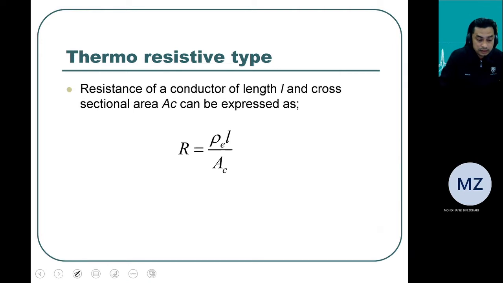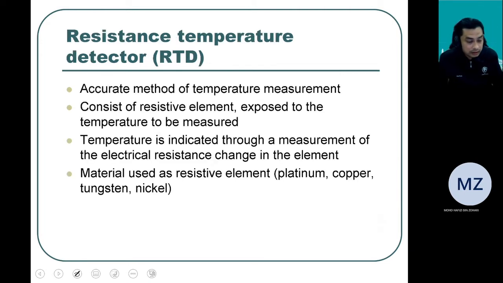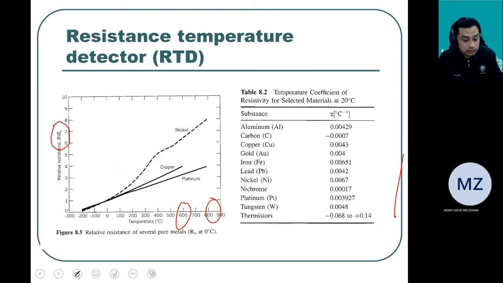It totally relates to this equation, and we can simply calculate which material is useful. Copper is common, platinum is common. We can get it anywhere, at any hardware store.